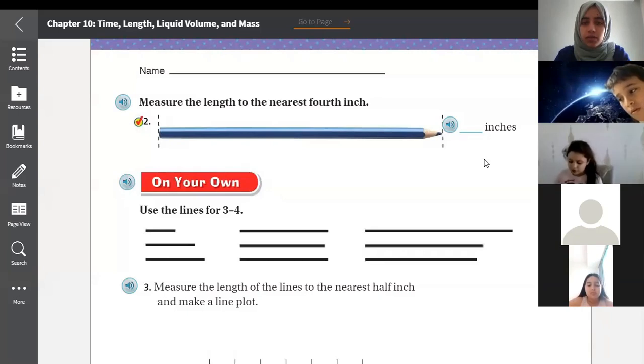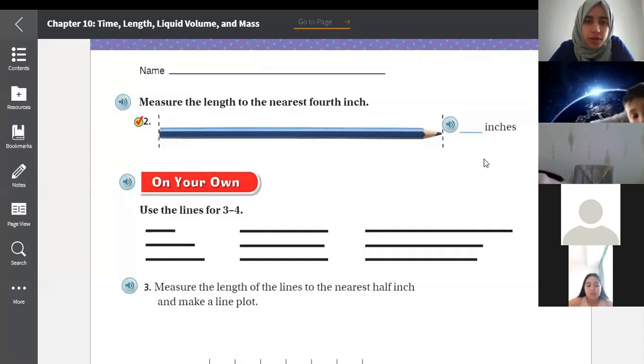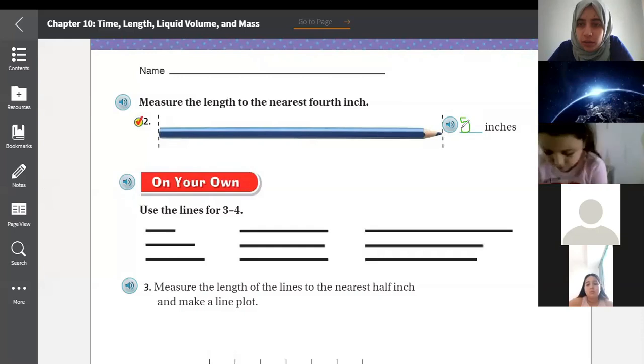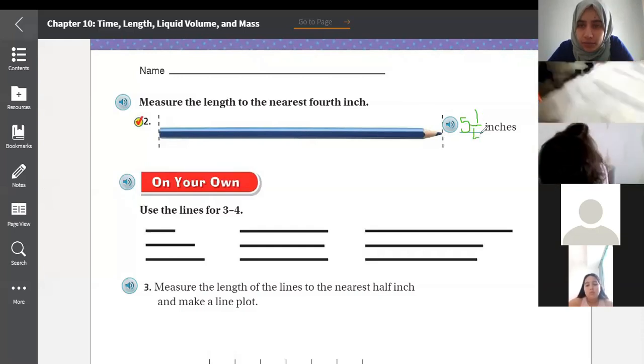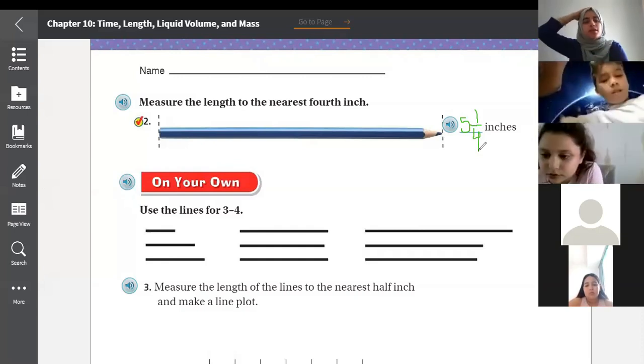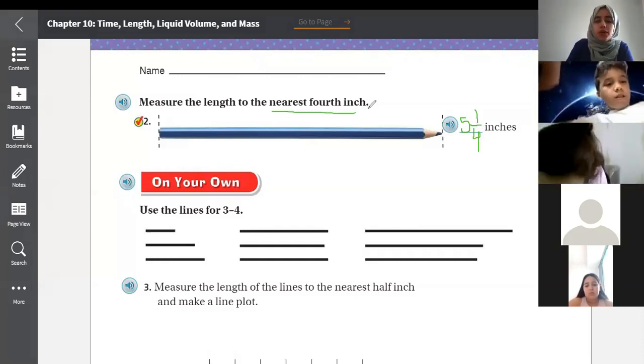So is it close to the 5/4? Yeah. Okay, so the answer here would be 5/4. Very good one. And are you using a ruler? I need to write fourth because they asked for nearest fourth inch.